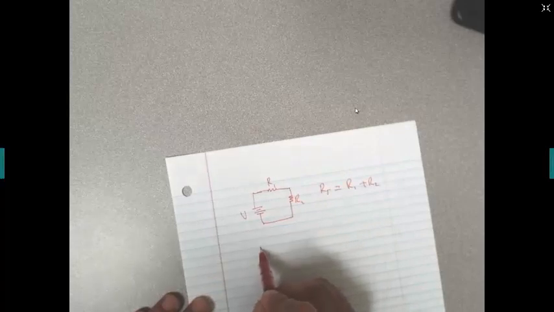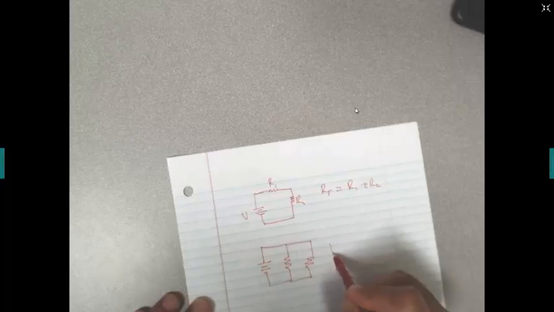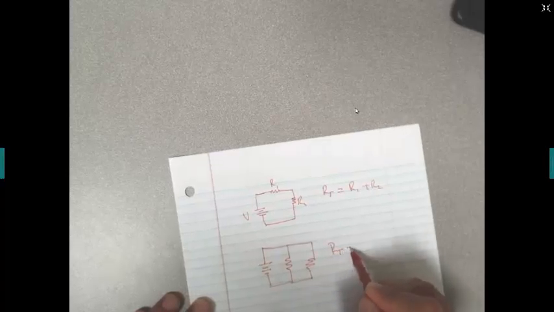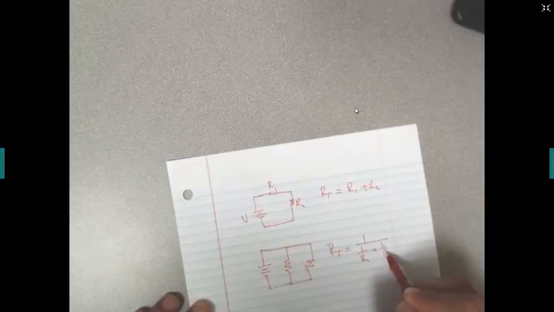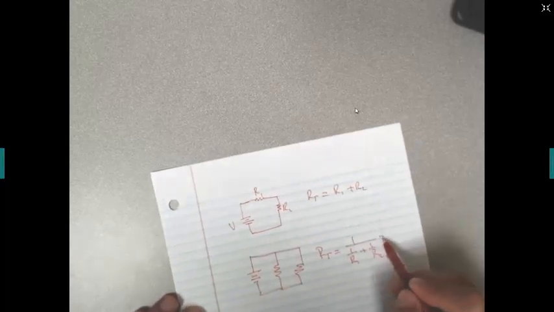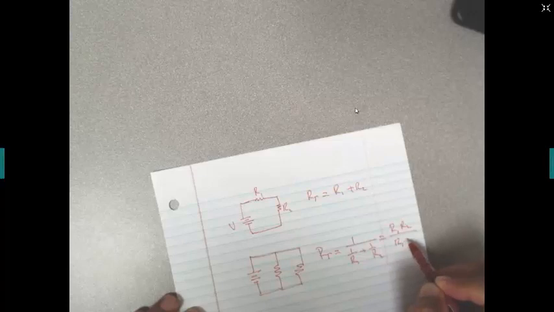And if you have resistors in parallel like this, you say that the total resistance, or the equivalent resistance, will be 1 over R1 plus 1 over R2. Or you can also say that this is R1 times R2 divided by R1 plus R2.